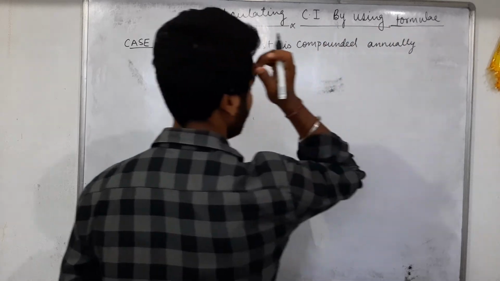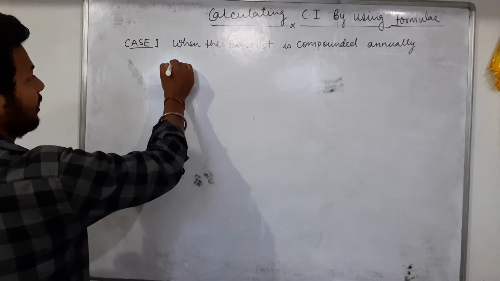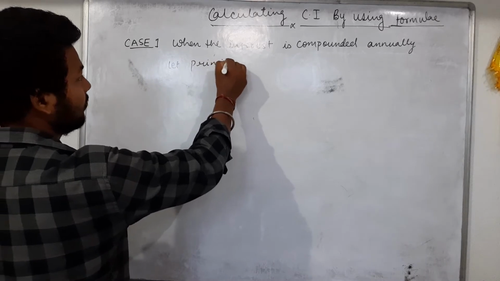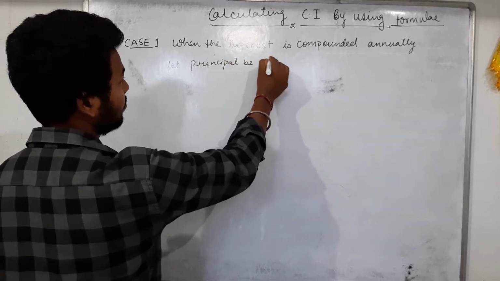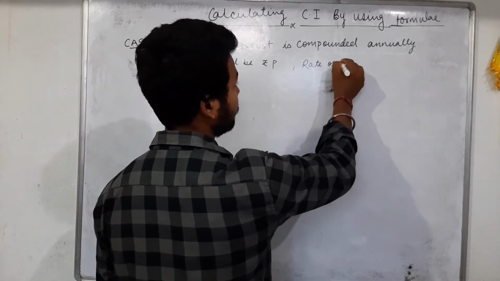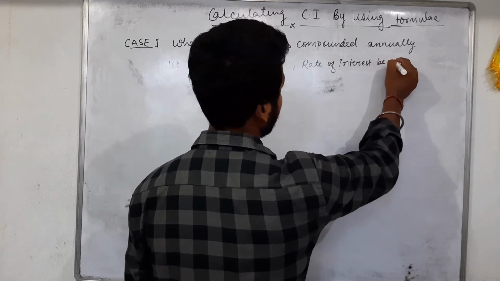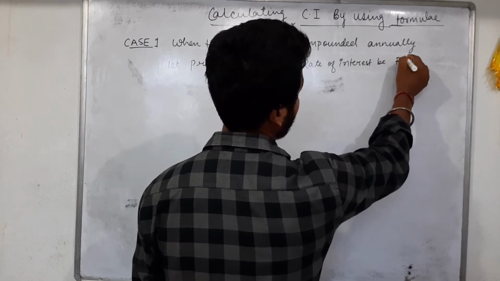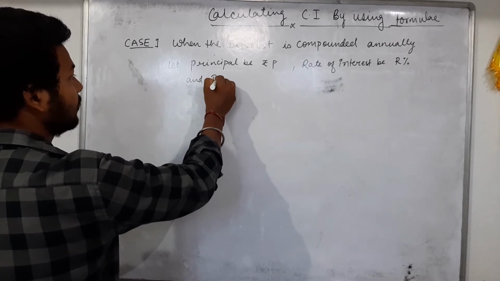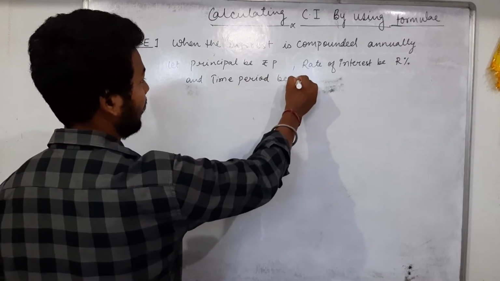When the interest is compounded annually, then let principal be rupees P, rate of interest be R%, and time period be n years.